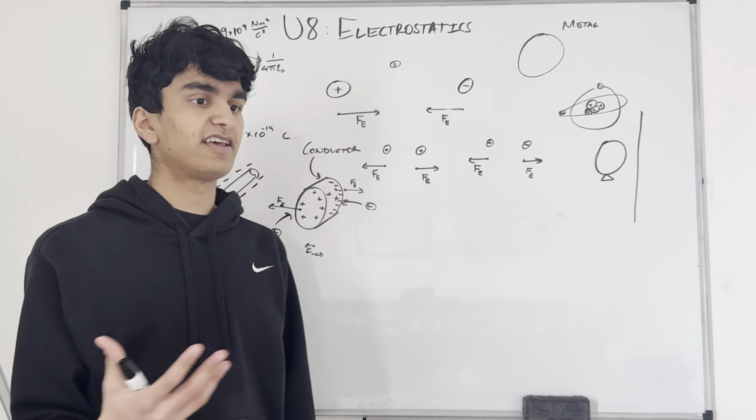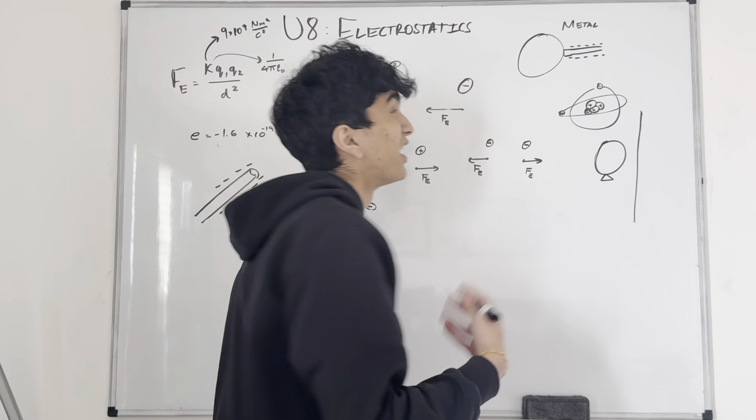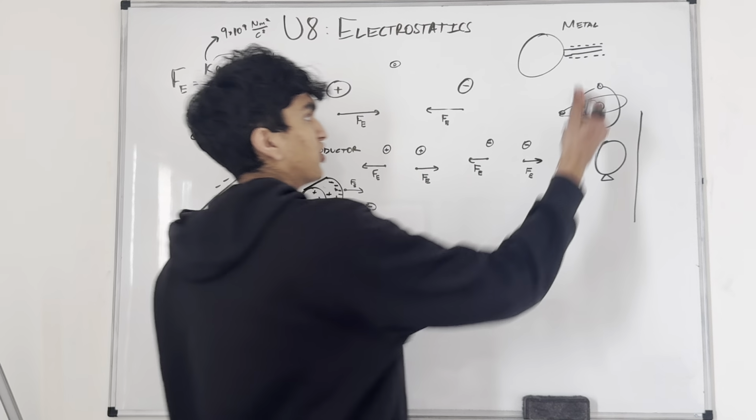If I have a bunch of negatives on this rod, when I touch the metal ball, because metal is a conductor, which allows for the flow of electrons, these electrons are going to transfer right over onto the metal. So afterwards, the metal is going to have a bunch of negative charge.